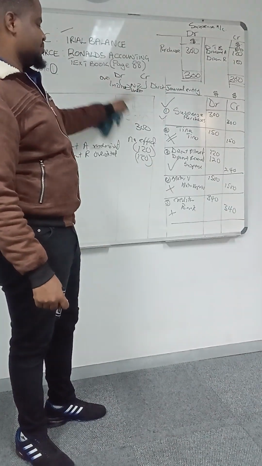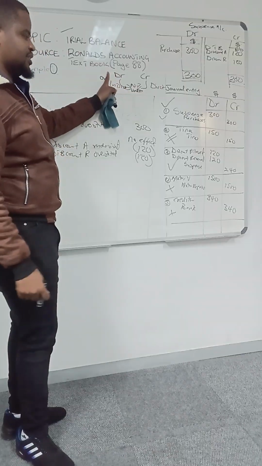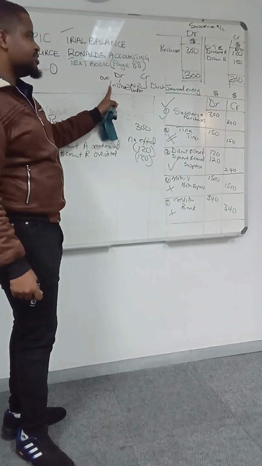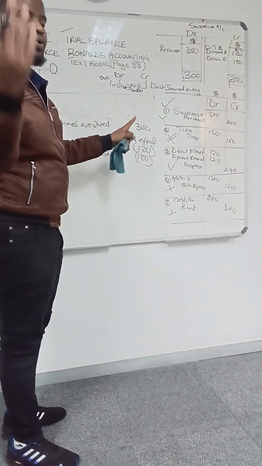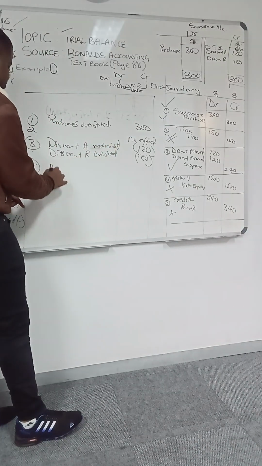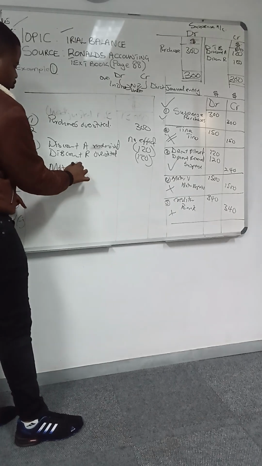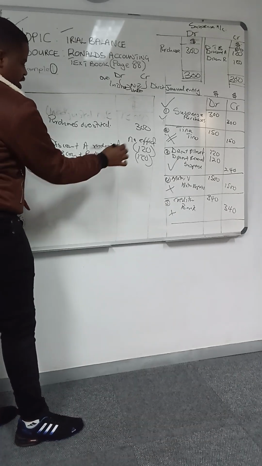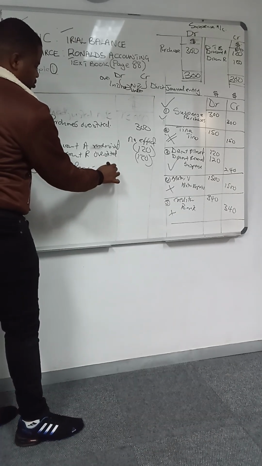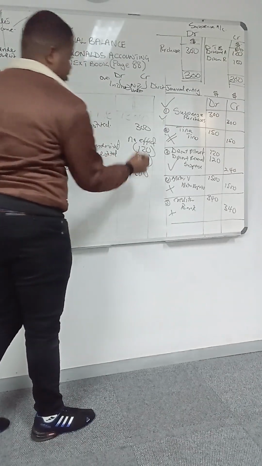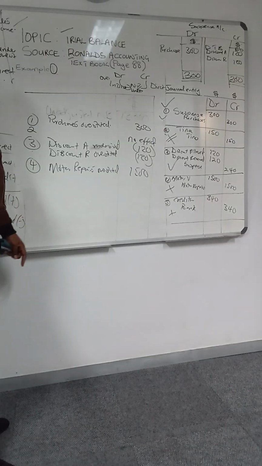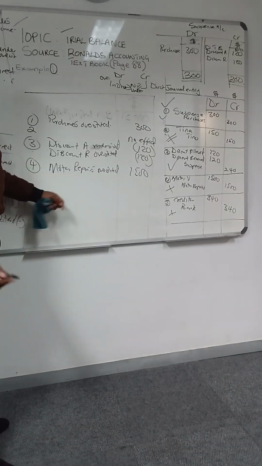So debit item motor repairs is overstated. Because of indirect relationship, net profit will be understated. The correction we add. So motor repairs are overstated, right? So what are we going to say? We add 1.5, right? Then after that, number 4, we are done.